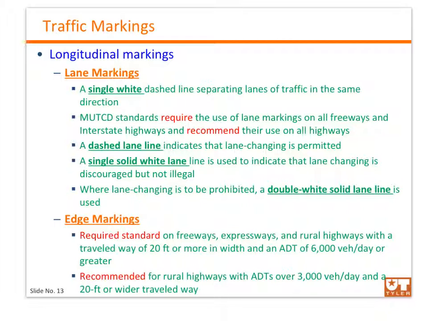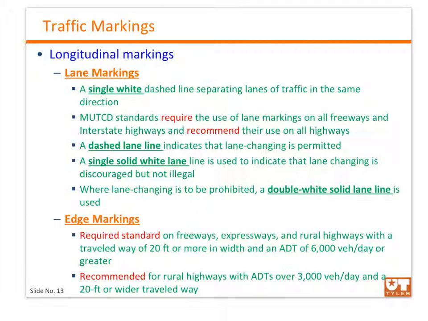A dashed lane line indicates that lane changing is permitted, while a single solid white line is used to indicate that lane changing is discouraged but not illegal. So when you see a continuous white line, that tells you that it's not really recommended to change lanes, but it's not illegal.